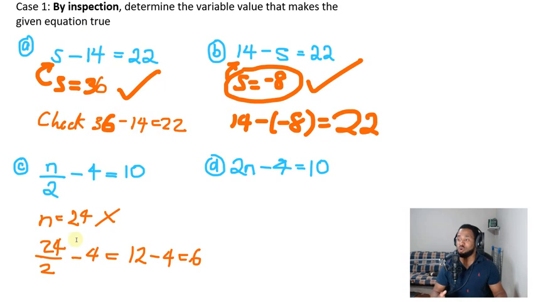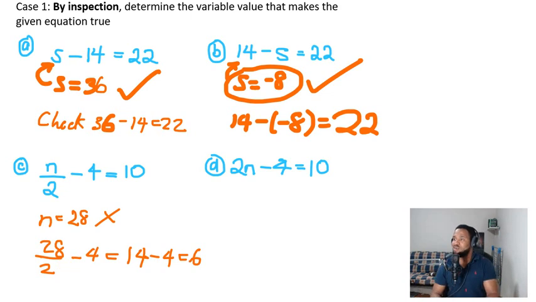So we're going to go to 28, and let's see what 28 gives us. We erase it and try 28. 28 divided by 2 gives you 14, and taking away 4 from 14, what you have is 10.